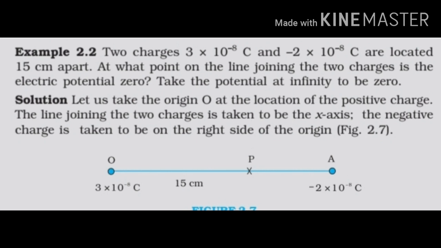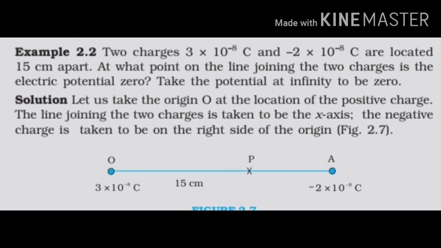At what point on the line joining the two charges is the electric potential 0? Take the potential at infinity to be 0. Here the solution is: let us take the origin O at the location of the positive charge.